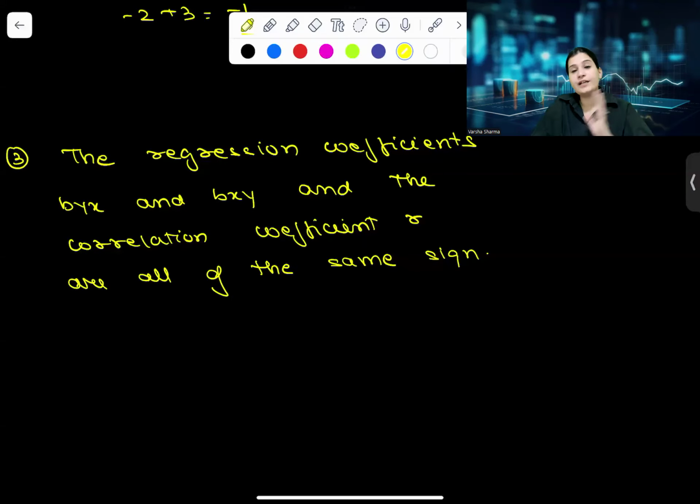So either all the three will be positive or all the three will be negative. You can never have one of them positive and the others negative. That can never happen. No exceptions.